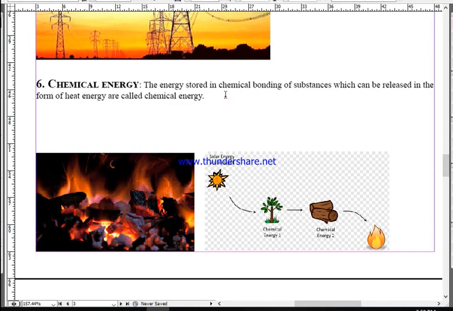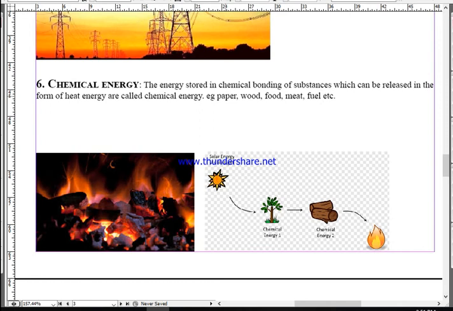For example, paper, wood, food, meat, whatever you say, everything contains chemical energy, but only from certain substances can chemical energy be released. And these substances are considered fuel. For example, petroleum, diesel, kerosene, LPG gas, firewood, or paper that you can burn.